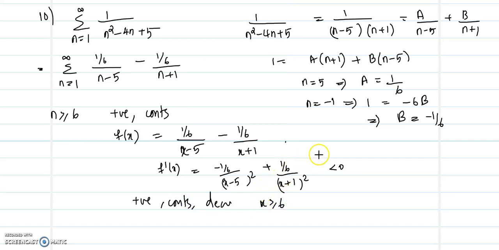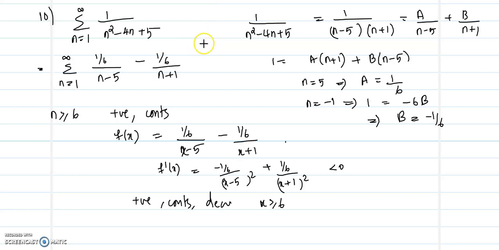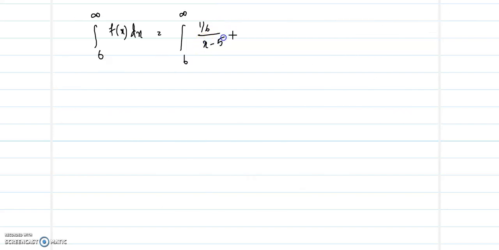So we need to evaluate the integral from 6 to infinity. So integral 6 to infinity f of x dx will be integral 6 to infinity 1 by 6 by (x minus 5) minus 1 by 6 by (x plus 1) dx.